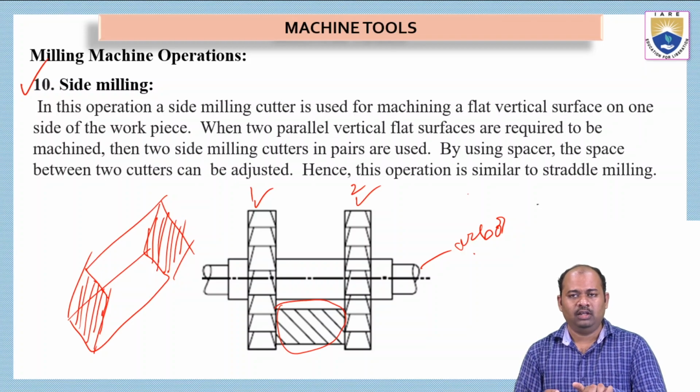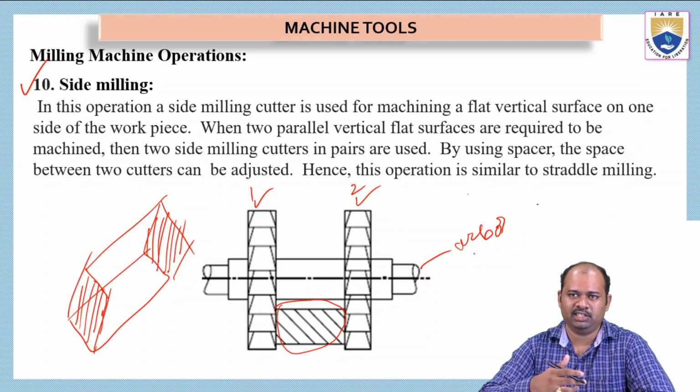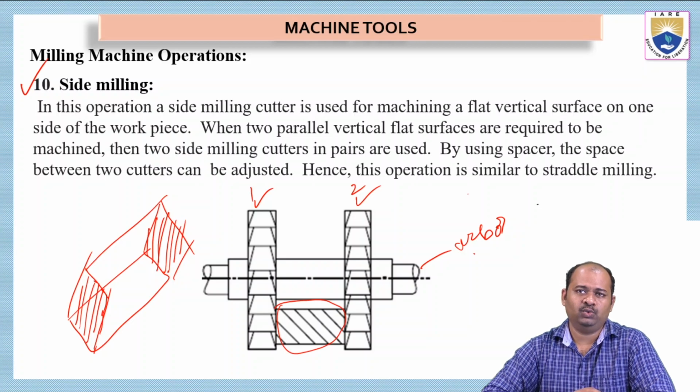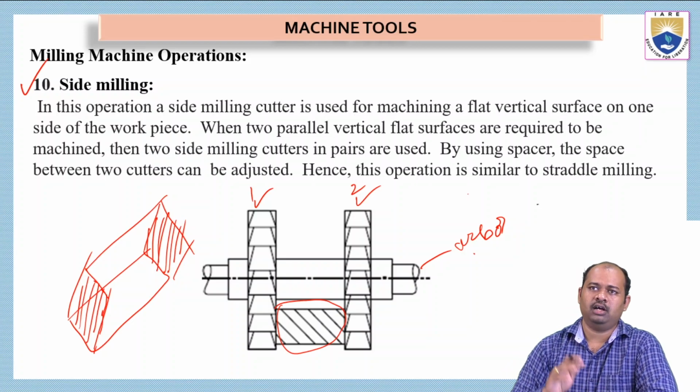We can do groove milling also. We have seen in the previous lecture, one of those processes can be done easily with this. So when two parallel vertical flat surfaces are required to be machined, then two side milling cutters in pairs are used.